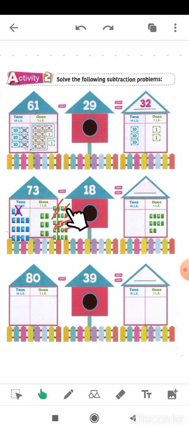I take 1 from the tens, so I have 5 only. The rest will be 5 here, and so it's 55.